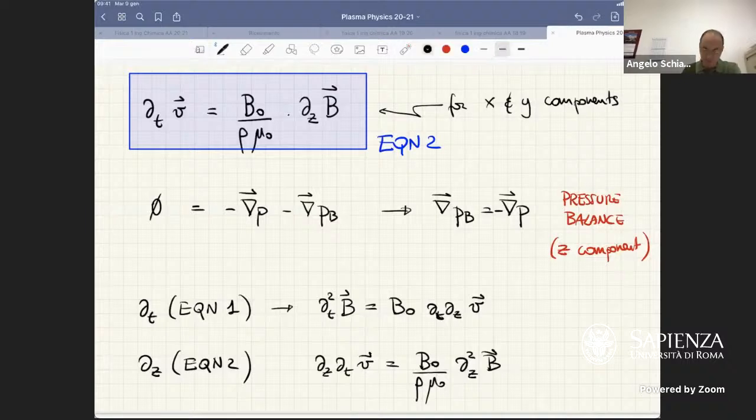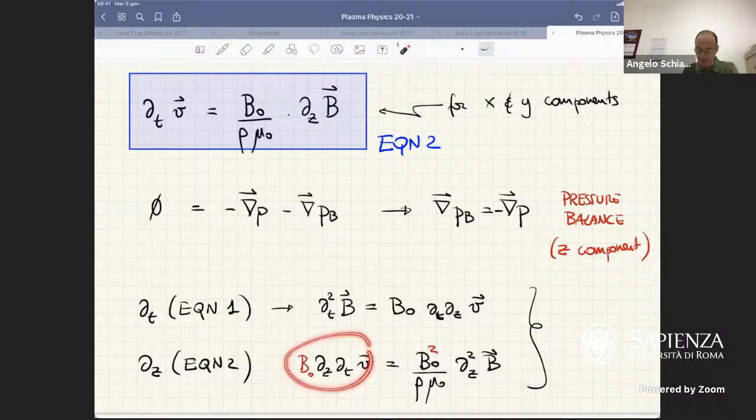So we combine the two now. If we multiply on the left by B0, we have exactly the same term here. And on the right-hand side, we get B0 squared, the square of the amplitude of the externally applied field. Then we can combine the second time derivative of B equals this term, and this is the wave equation.